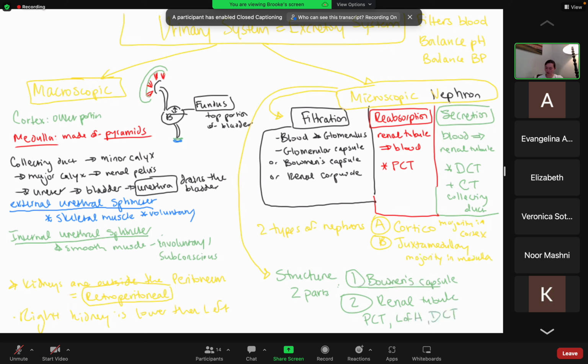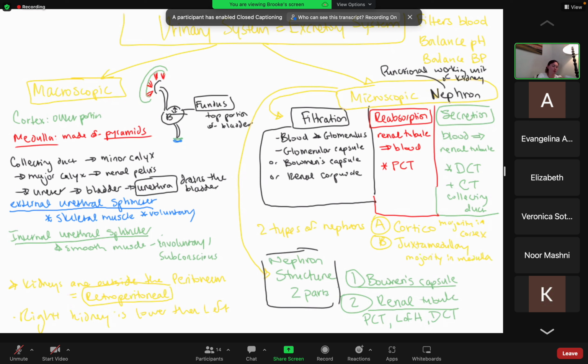So 2 parts to the actual nephron. Again, nephron would be the functional working unit of the kidney. For the test, that's its name, or its definition, functional working unit of kidney. And again, nephron structure is in 2 parts, Bowman's capsule and renal tubule.